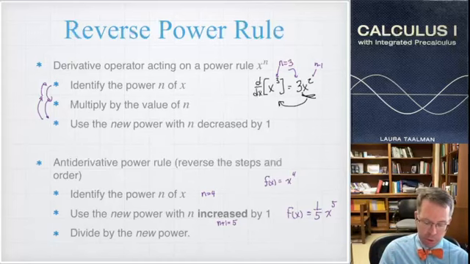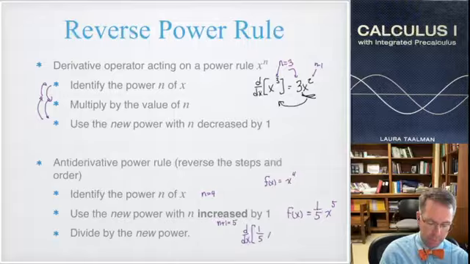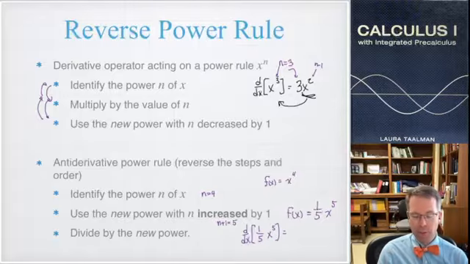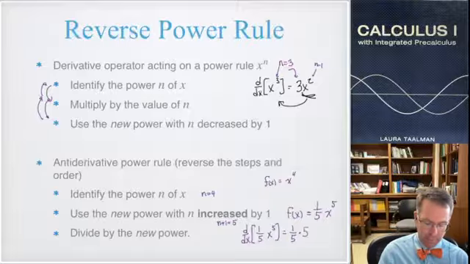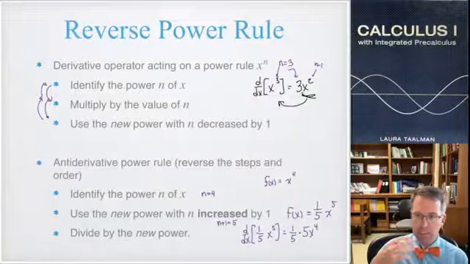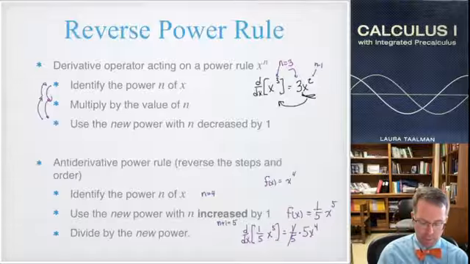And let's check what happens. If I take a derivative of 1/5 x to the 5th, then at the moment, the 1/5 is just a constant multiple. So it stays, it sticks around. And then I'm going to multiply by the derivative of x to the fifth. That's 5x to the fourth. And the magic of this reverse process is the 1/5 times the 5 cancels, and I get back to x to the fourth.